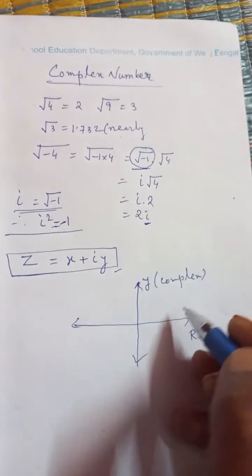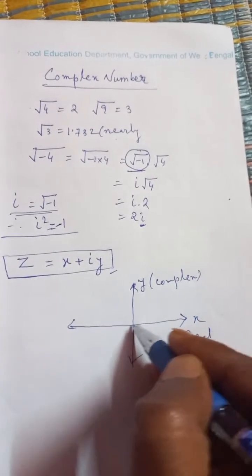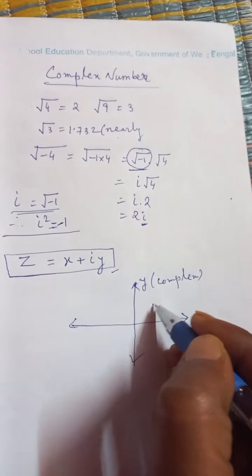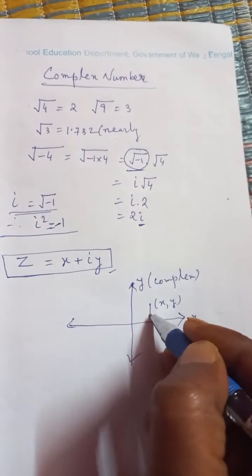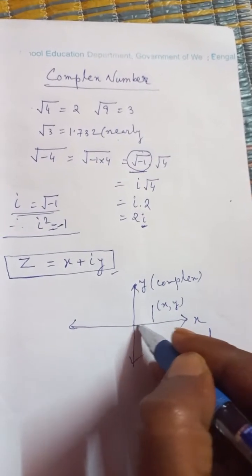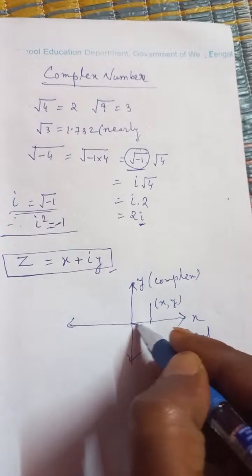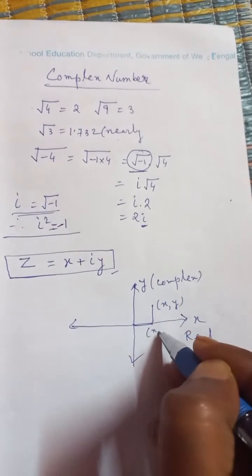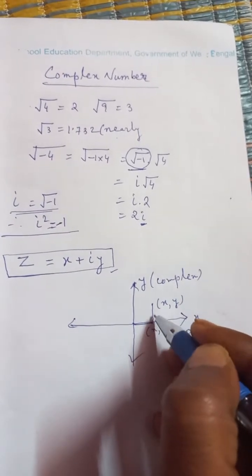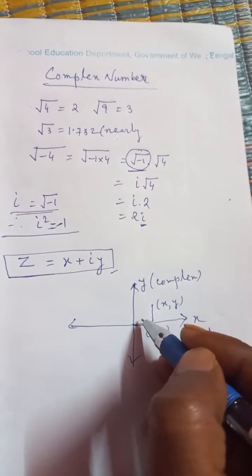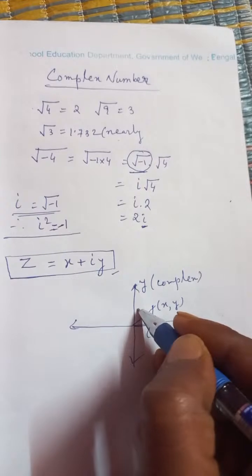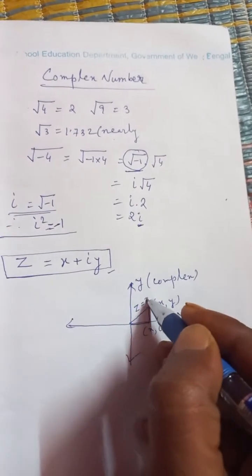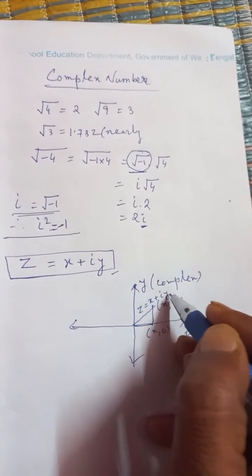If any point here is (x, y), this is x and this is y. So z can be expressed in this way: z is equal to x plus iota y.